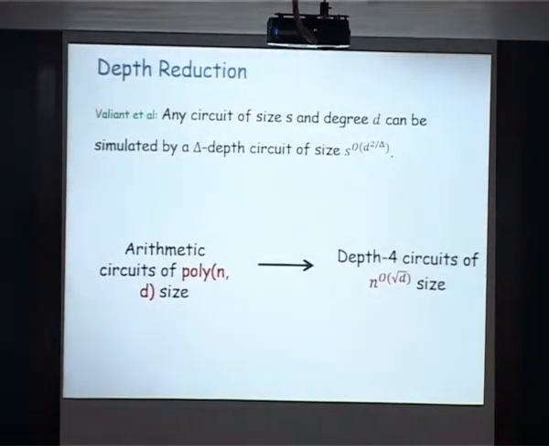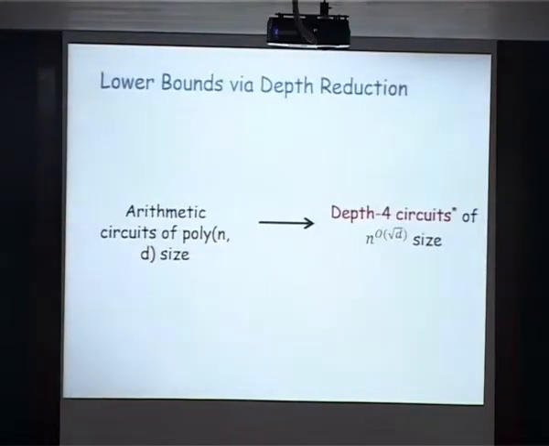If you pick delta to be 4, then from polynomial size circuits you will get to circuits of size n to the root d. In fact, the circuits that we get this way have some more special structure. They are homogeneous, and you can put a bound on the degrees of the polynomials computed at each node, but let's forget about that. Depth 4 circuits of size n to the root d.